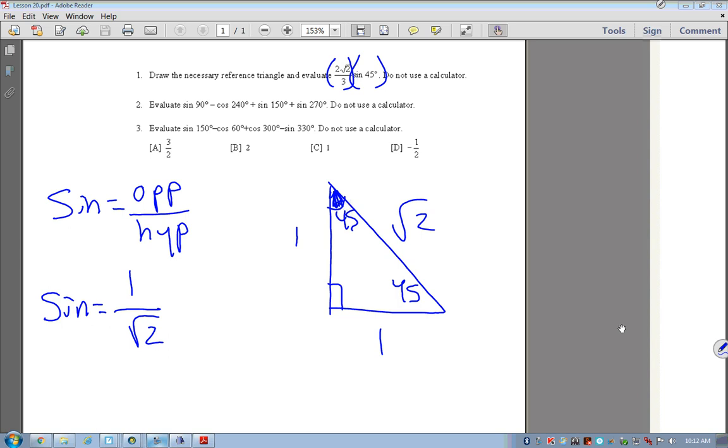What I'm doing is substituting in the ratio of sine 45. I'll write 2 radical 2 over 3 times... does anybody see what's wrong with sine equals 1 over radical 2?